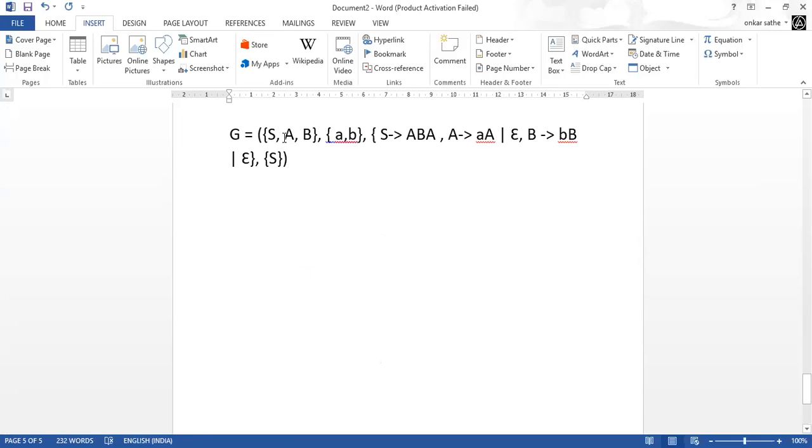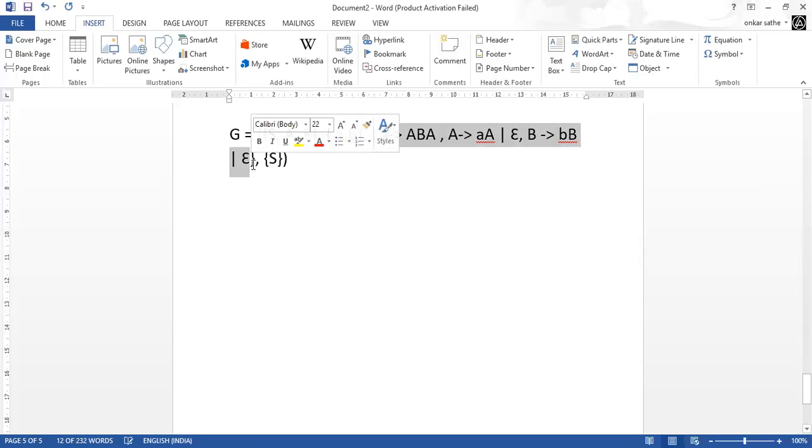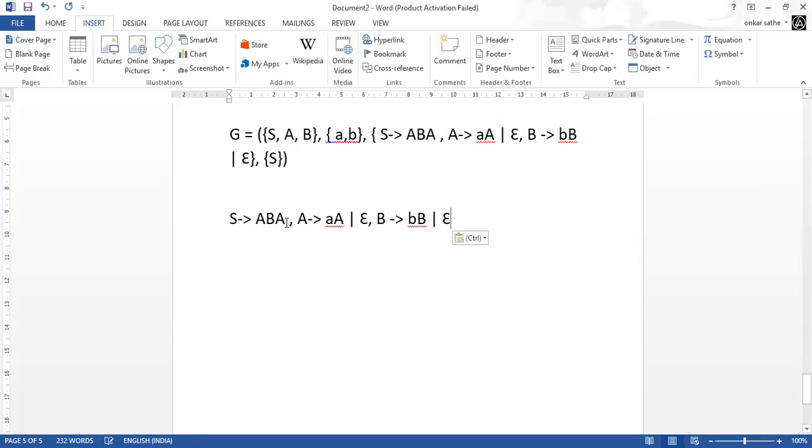Now let us take one more example. Here S, A, B are the non-terminals, a, b set of terminals, S gives ABA, A gives aA, epsilon, B gives bB and epsilon. Now from this grammar, first we have to find out the nullable non-terminals. As A gives epsilon and B gives epsilon, these are nullable non-terminals.